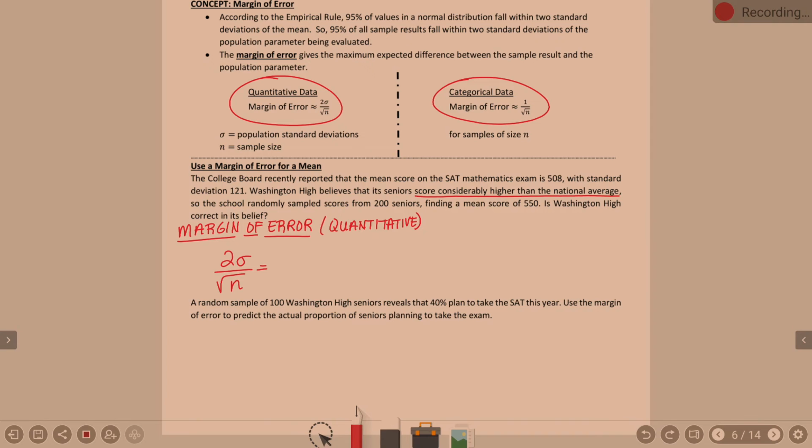The standard deviation, which is 121, so 2 times 121 divided by the square root of, what is n? Sample size, which is 200. Okay, told you need your calculators. Here we go. Do the math on the calculator. Make sure you don't make silly mistakes. 2 times 121 divided by the square root of 200.